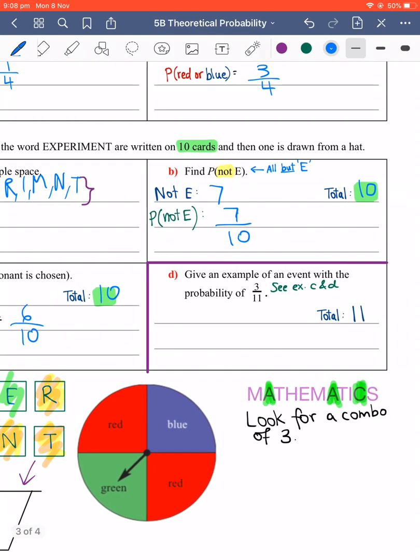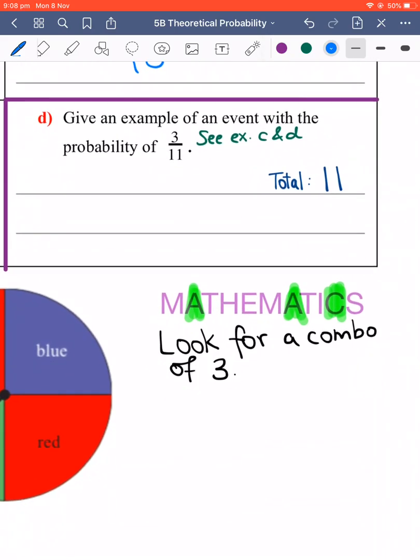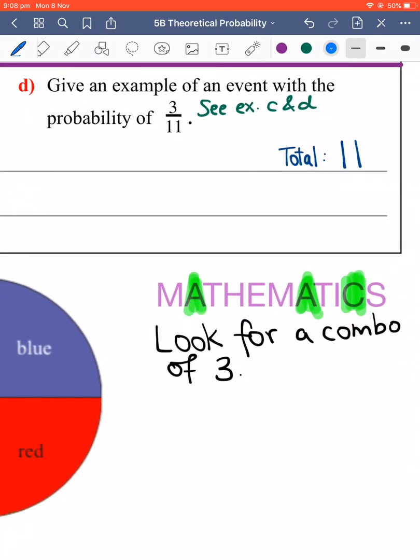Last one that we have here is you're coming up with your own example. You can come up with your own other than this. But essentially, we want something with an event where the probability of that happening is 3 over 11, which means our total number of outcomes needs to be 11. Okay, so I'm going to use the one from our previous examples, and we've got the word mathematics. 1, 2, 3, 4, 5, 6, 7, 8, 9, 10, 11.